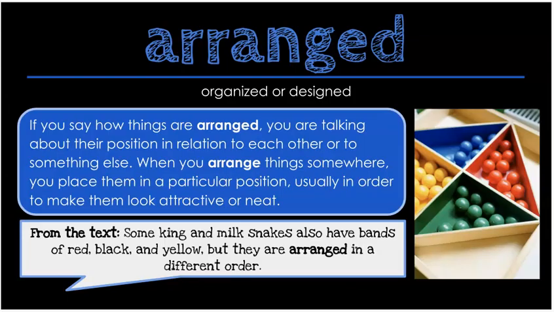When you arrange things somewhere, you place them in a particular position, usually in order to make them look attractive or neat. In the picture, you see some little candies, arranged in a very particular way. Can you tell how they're arranged? From the text, some king and milk snakes also have bands of red, black, and yellow, but they are arranged in a different order.